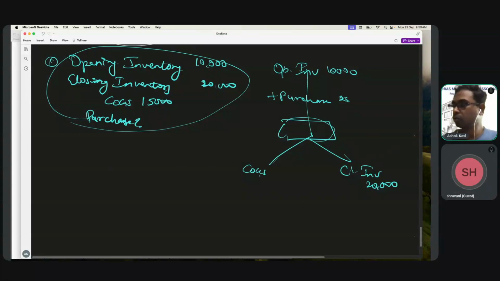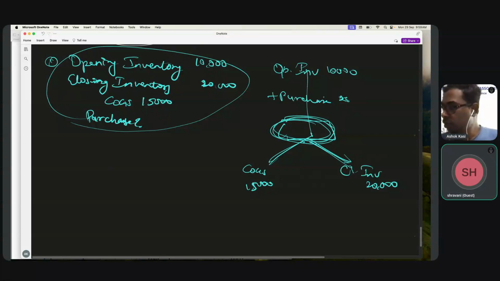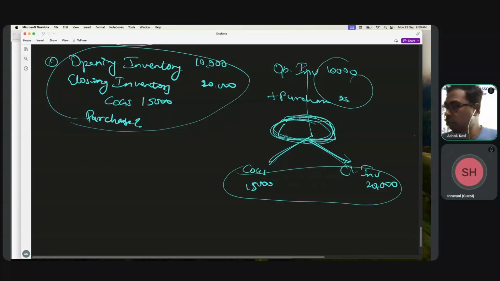Have you understood this one? Yes. From this total, the remaining will go as cost of goods sold and then closing inventory. So this total should be equal to these additions total. Both should be same.